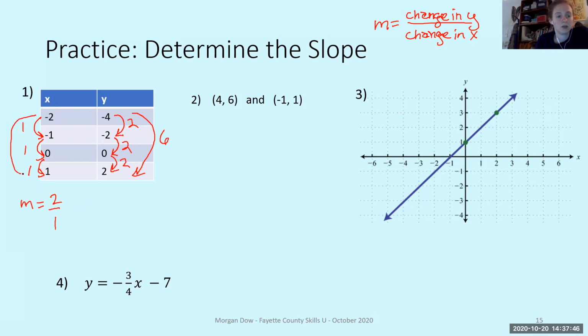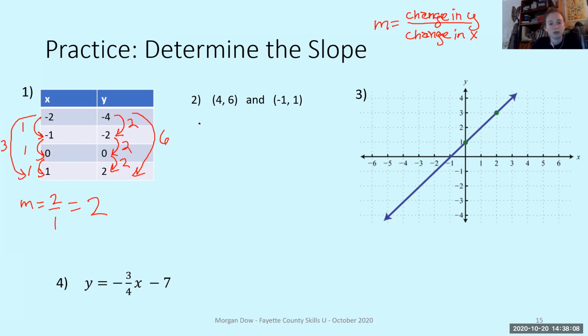Going from -1 to 1, I would get an increase of 3. 6/3 will reduce to 2/1. So no matter which pairs of y's and x's we pick, we get this ratio of 2 to 1, which simplifies to 2. So this line has a slope of 2.